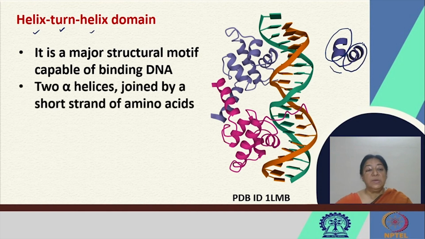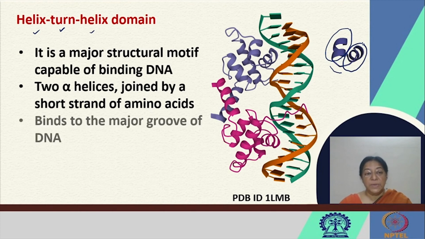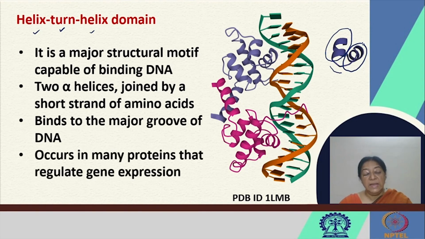If we now look at the specific structural aspects, the two alpha helices are connected by a short strand of amino acids, forming a turn. This can bind to the major groove of the DNA, and it occurs in proteins that regulate gene expression. So the binding is to the major groove of DNA.